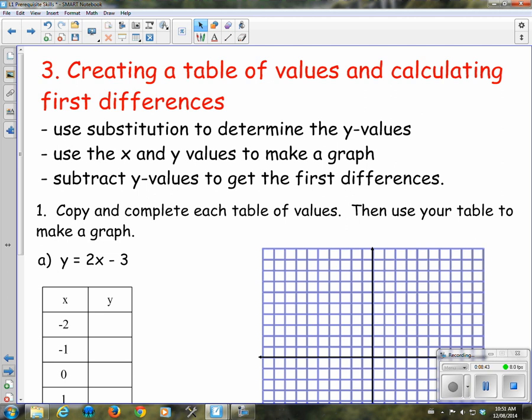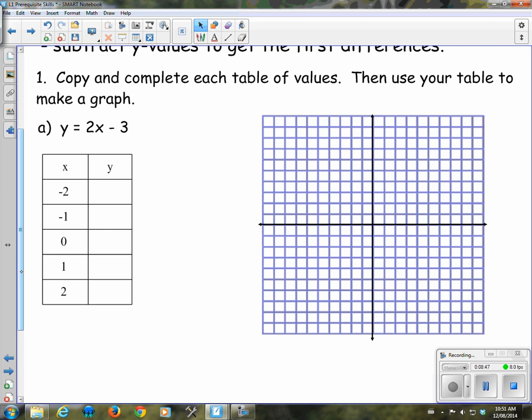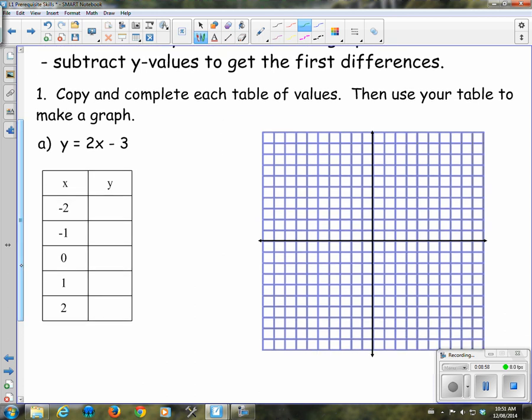So when you're given an equation, you can always make a graph of that equation by filling in a table of values. A table of values just comes from substituting a number in, like we were doing before with the algebra review.